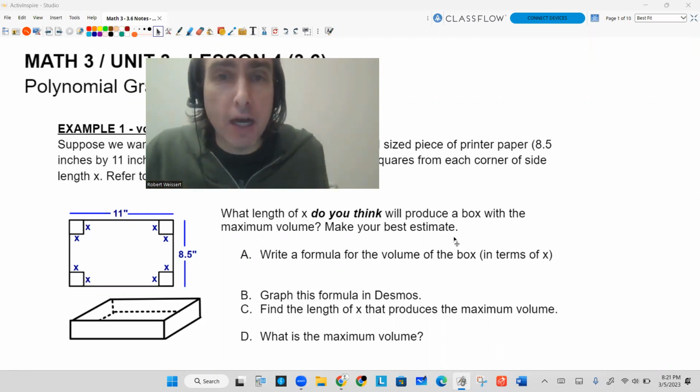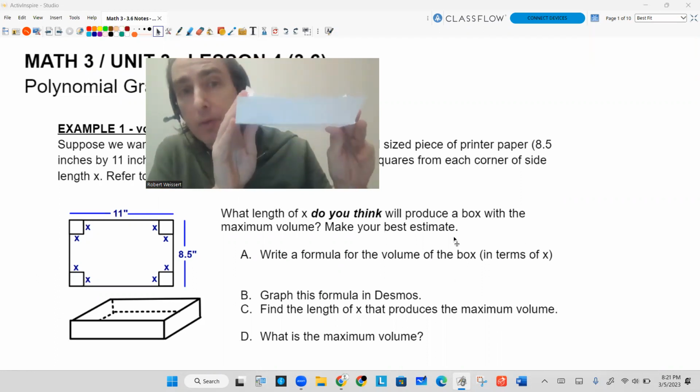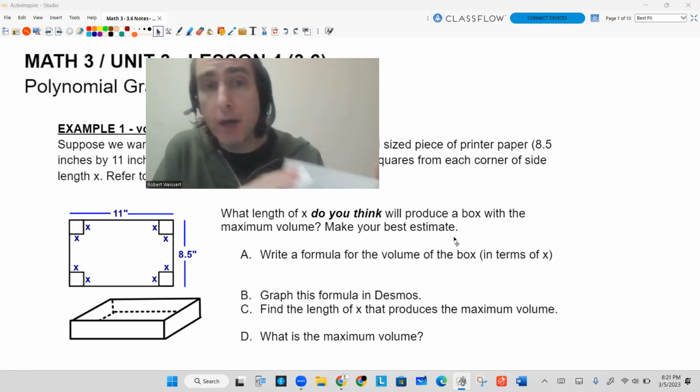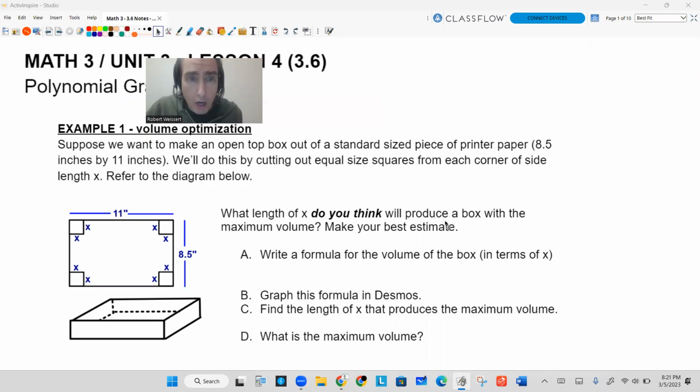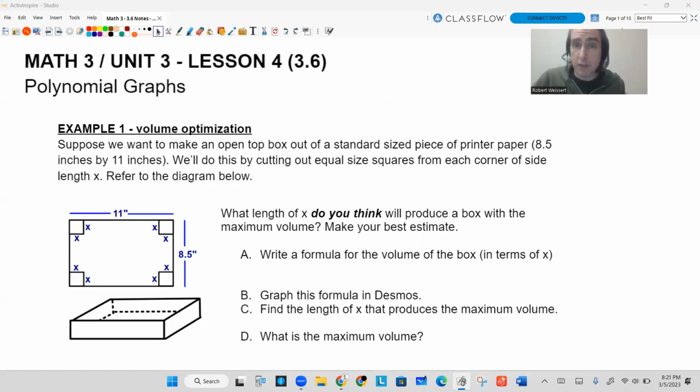So when we're trying to set up a formula, remember that this is going to be three-dimensional. Now, when we're talking about the height of the box here, we're going to try to make a volume formula out of it. If you remember the volume formula from just a regular box, it's length times width times height.